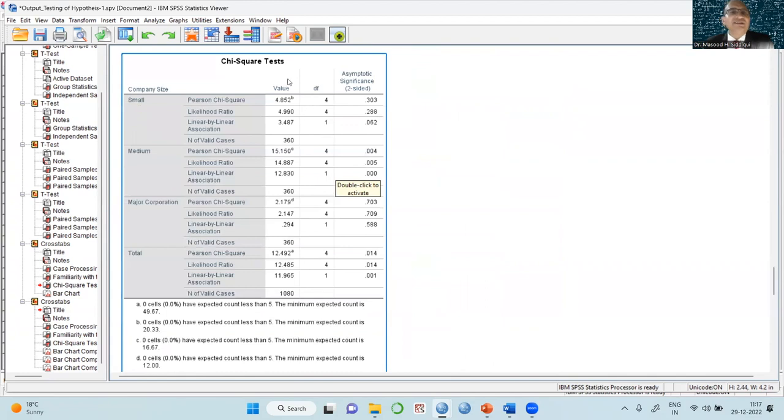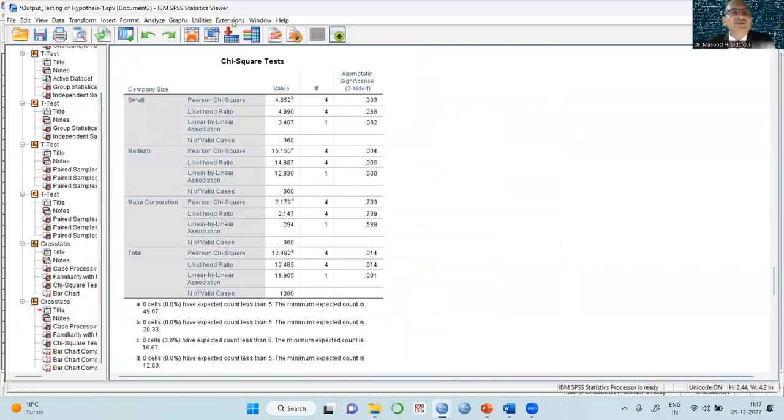Now we will be discussing these chi-square test values. As you see here, for the small, the p value is 0.303, which is greater than 0.05. Greater than 0.05 means we do not reject H naught.